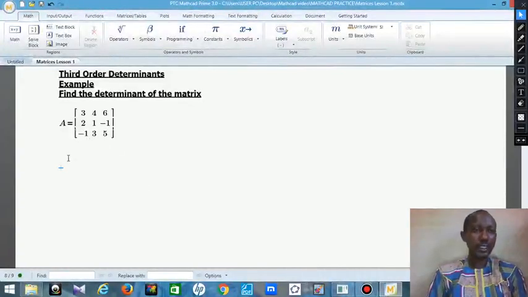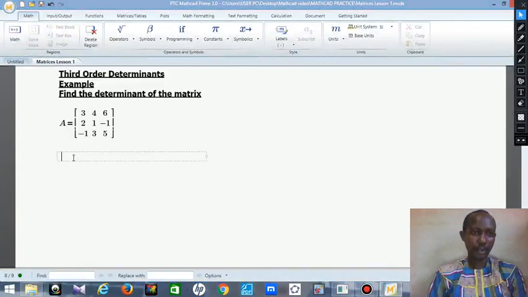In order to find the determinant of a 3 by 3 matrix, you need to have the signs of each of these elements of the matrix. Without the signs of each of these elements, you may not get the correct answer. The sign is very, very important. So how do you do that? Let me write the statement so that you understand it well.